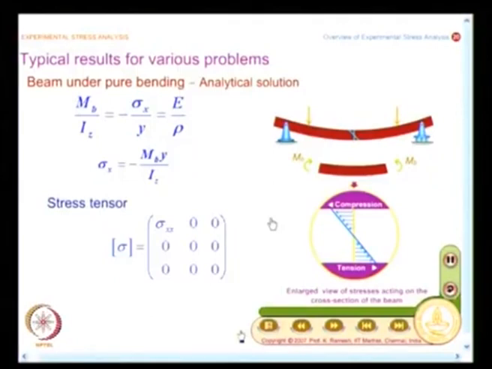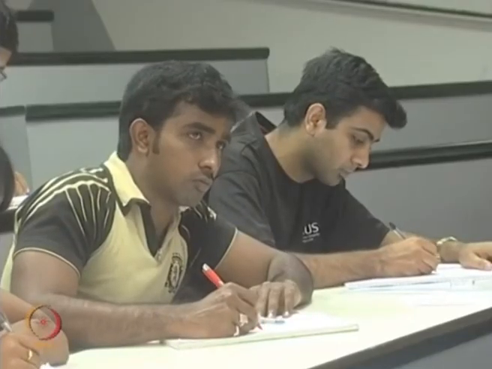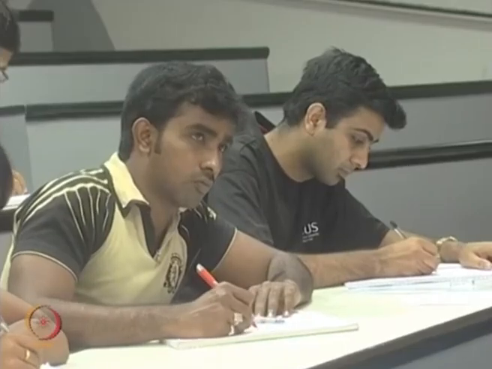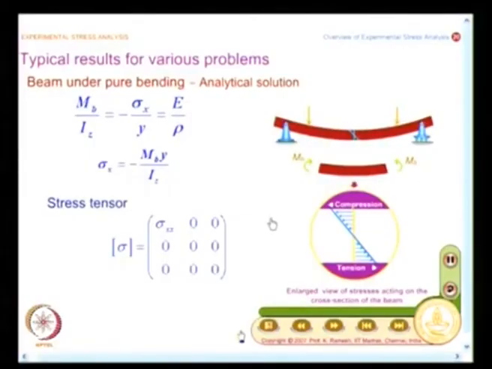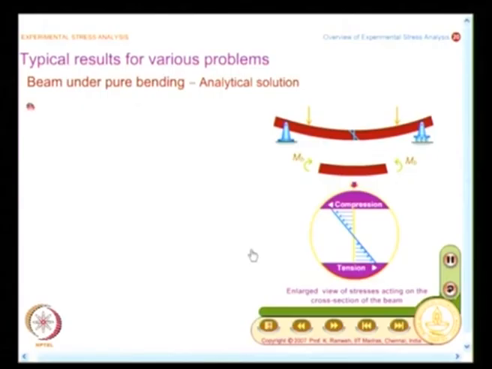From the stress tensor you can easily find out the strain tensor, and you have to be very careful while applying this step. What you find here is, in the stress tensor you have only one component, it is a uniaxial state of stress. The moment I go to the strain tensor, I find something different.